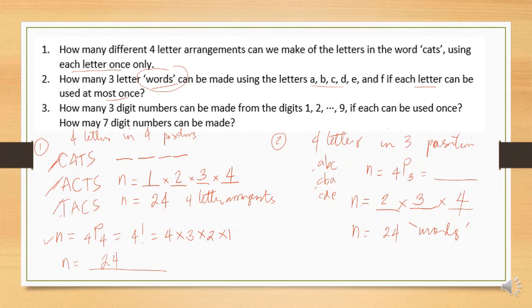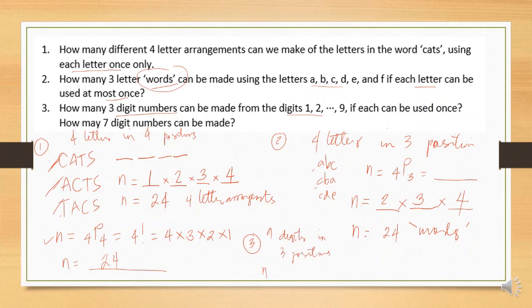Okay, now for number 3, how many 3-digit numbers can be made from the digits 1 to 9 if each can be used once? The same. So, 9 digits in 3 positions. Okay?